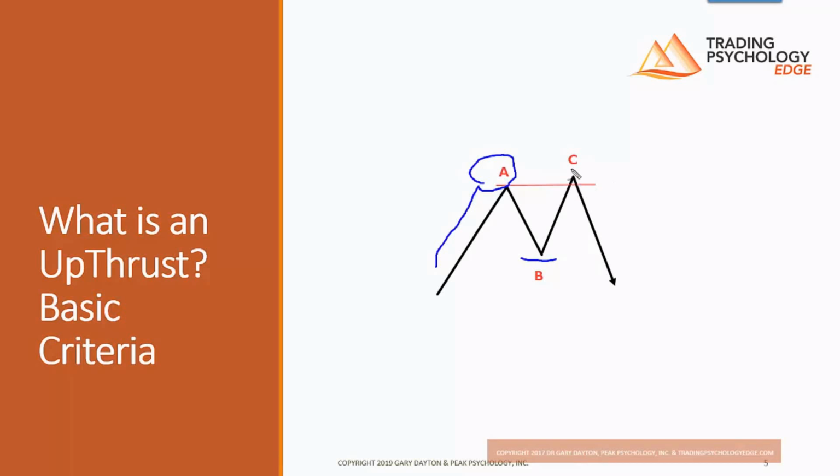Instead, price falls back underneath the high of A and closes under A's high. That's the upthrust. That's the setup.